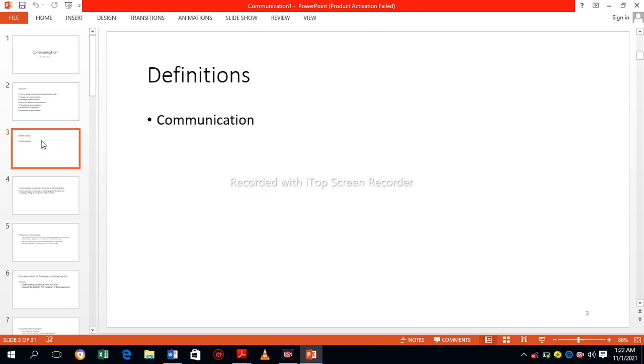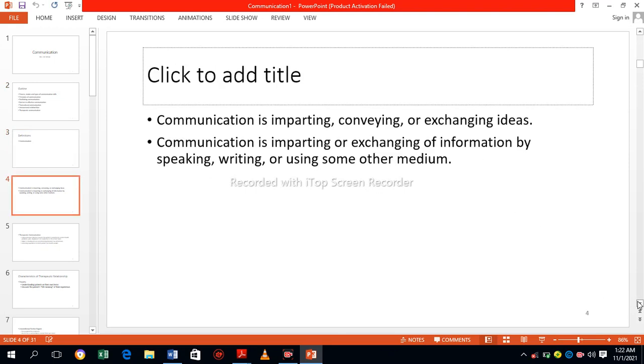So the first part is the definition of what communication is. Communication is a way of conveying, imparting, or exchanging ideas. So you convey, you impart, and you exchange your ideas. Communication is imparting or exchanging information by speaking, writing, or using some other medium.